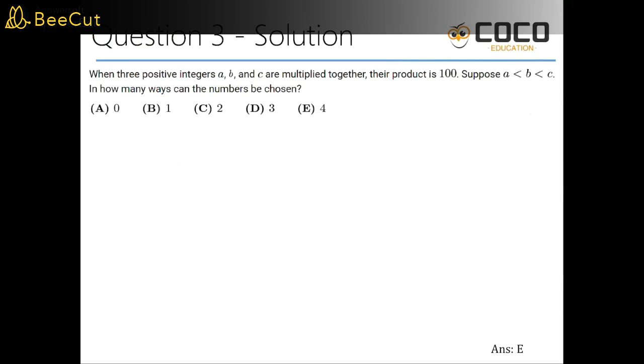Question 3. The product of A, B, and C is 100. They say A is less than B, less than C. First, we factorize the number 100, which is 2 square times 5 square.